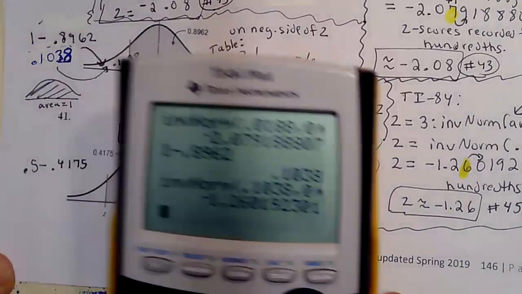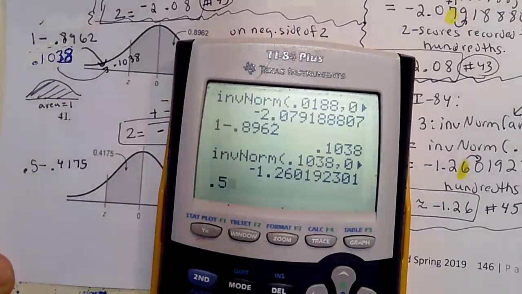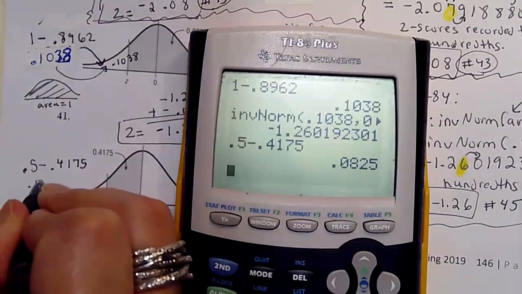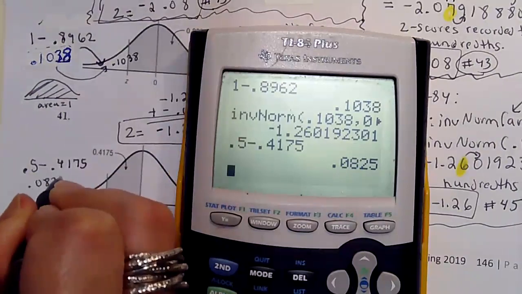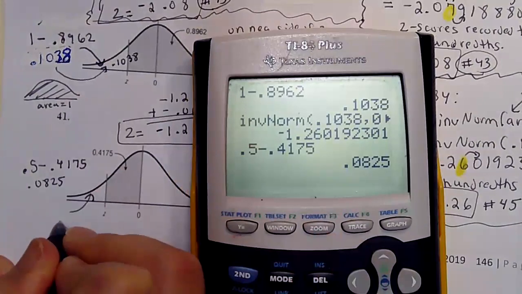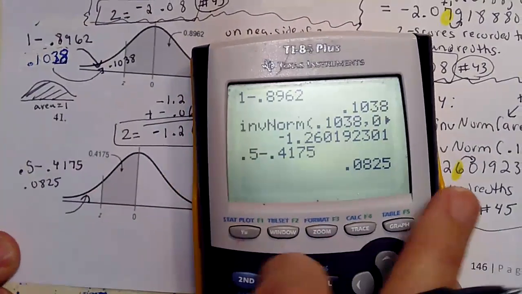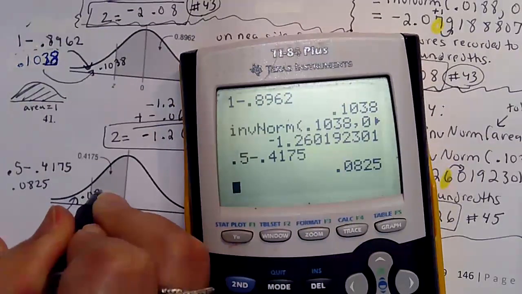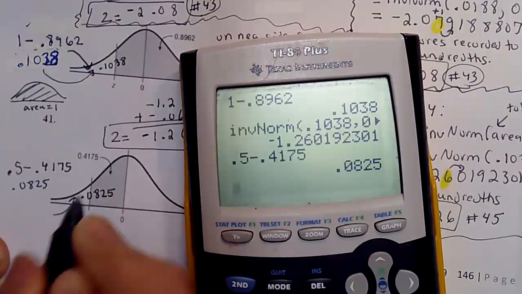So 0.5 minus 0.4175 is 0.0825. And that's what goes here. That's that area there, 0.0825.